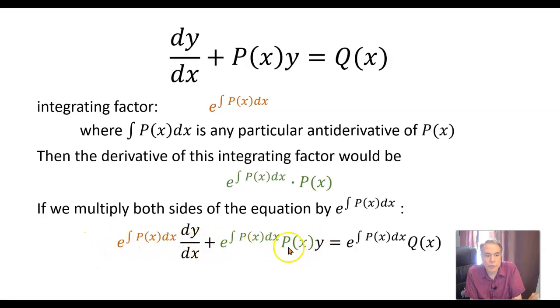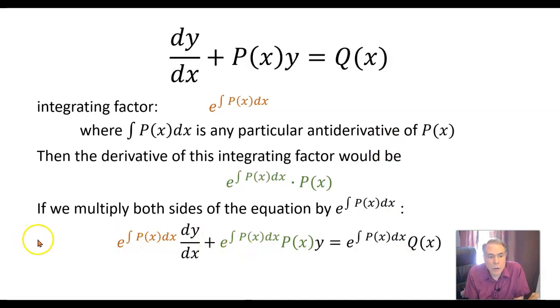There's two terms here. One of them involves y, the other involves the derivative of y. One of them involves the integrating factor, the other involves the derivative of that integrating factor. Does that remind you of something? That kind of pattern there where you've got two things and each has one thing times the derivative of another thing? That's the kind of thing you get when you use the product rule.